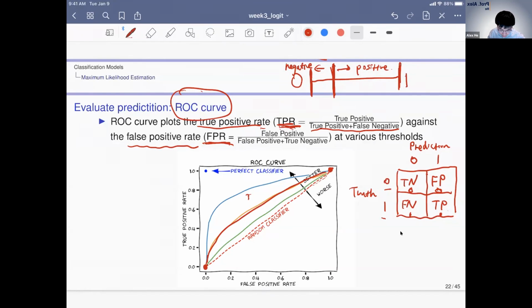So then you have some value that's along the line somewhere. When you move the threshold all the way from 0 to 1, at any threshold you have a point, and then you connect all of the dots, and you would get the ROC curve.